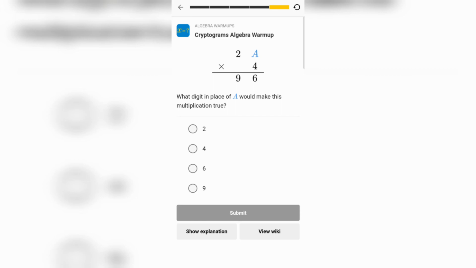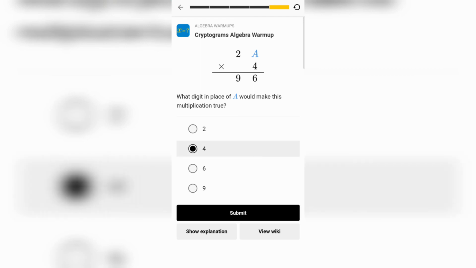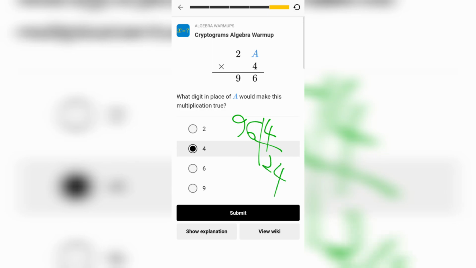We could either do what number in the 20s multiplied by 4 equals 96, and that's simple, 24 times 4 is 96. But we can also do the reverse. We can simply do 96 over 4, and in this case we have 24 without doing the entire division here. So 96 divided by 4 equals 24.